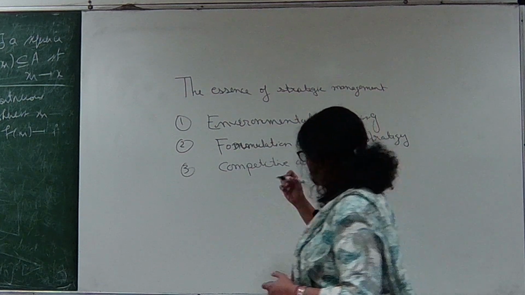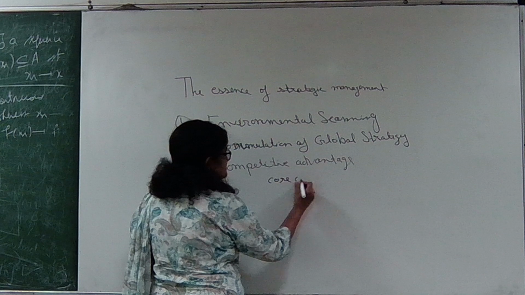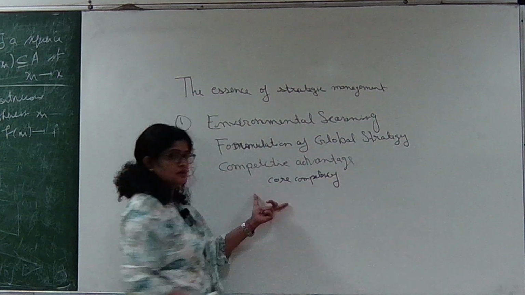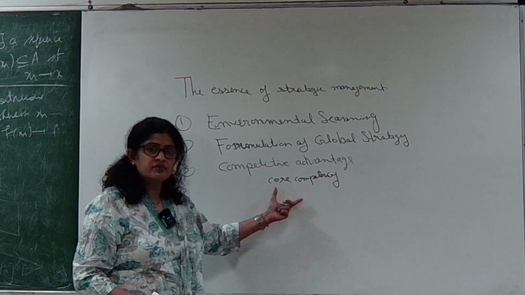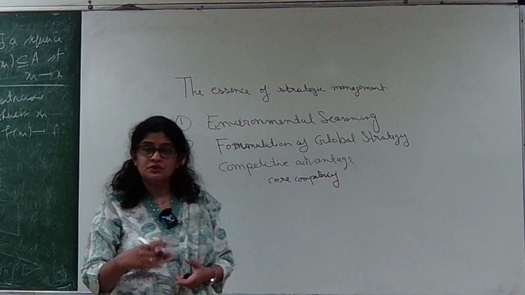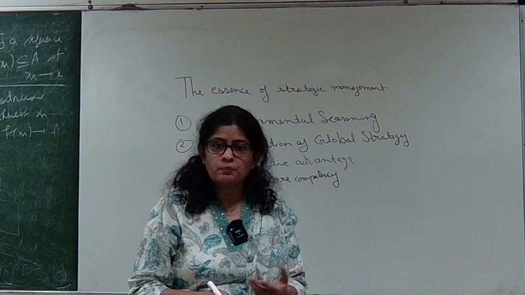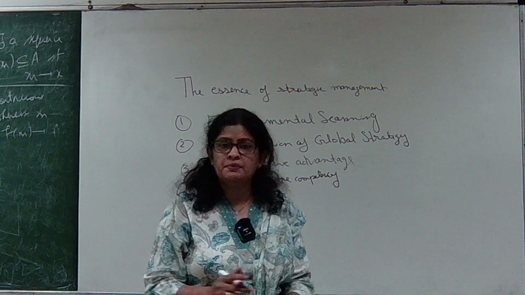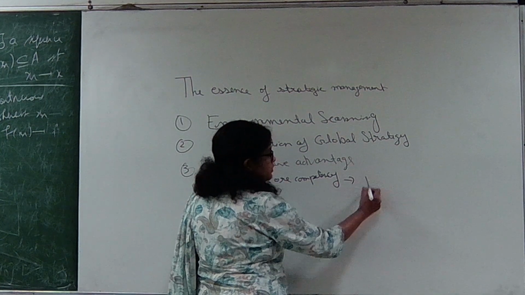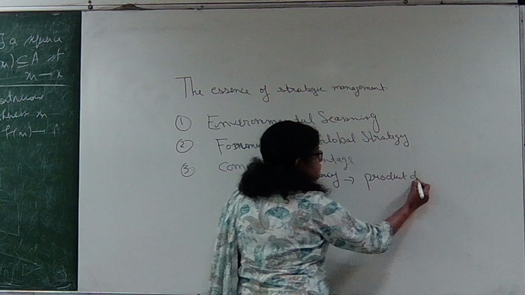So, what is the core competency of your business? Core competency is something which cannot be imitated. You can imitate a product, but the core competency which a multinational corporation has cannot be imitated, and it lies probably in your product differentiation. Probably your product is very different from others.